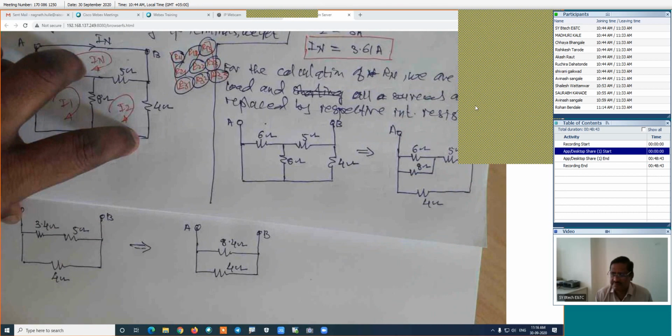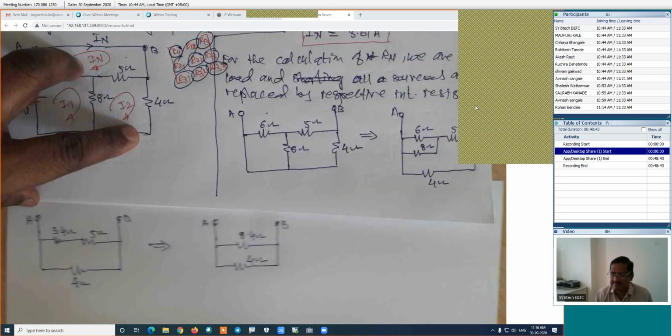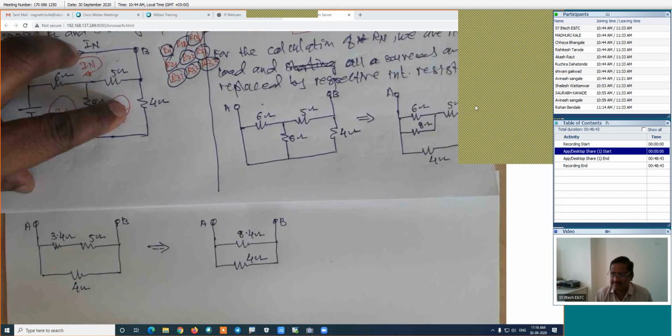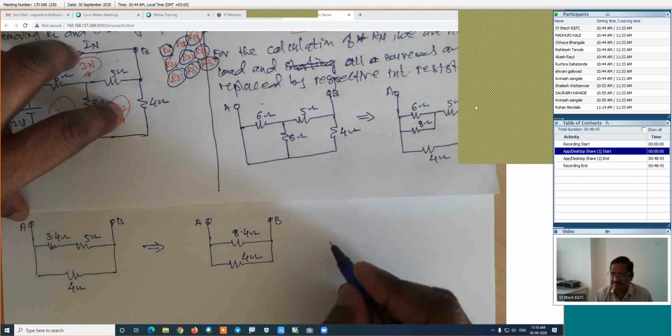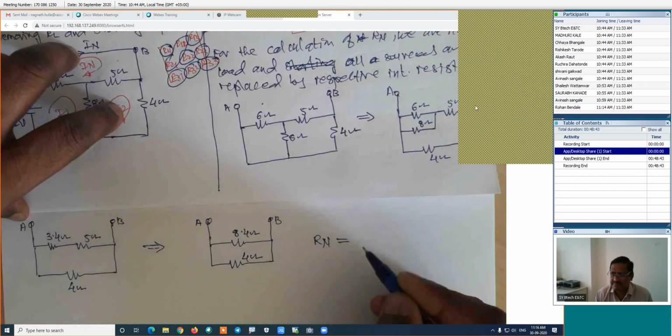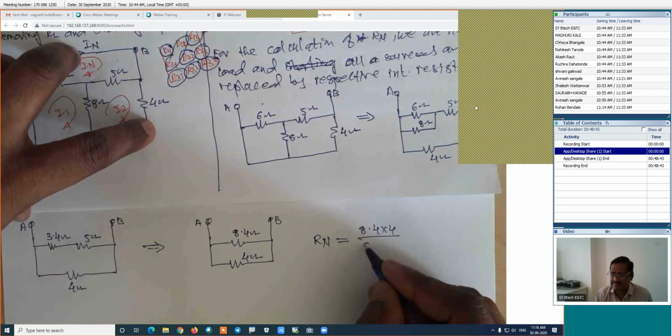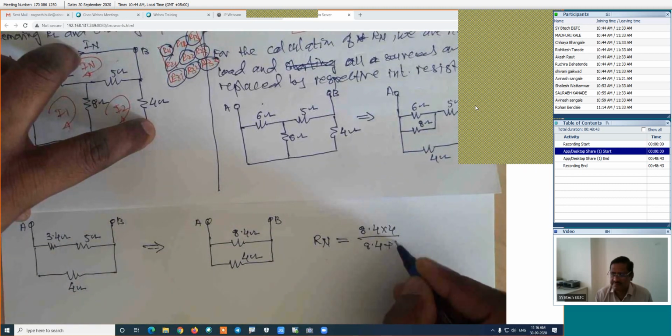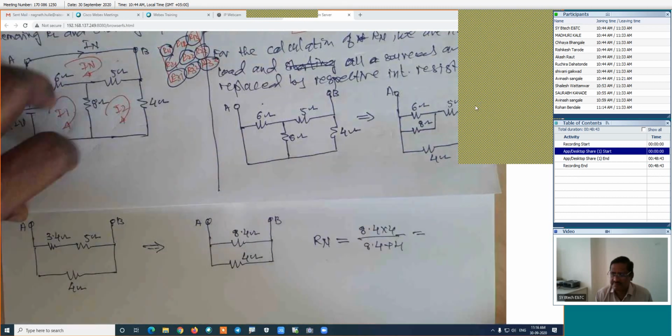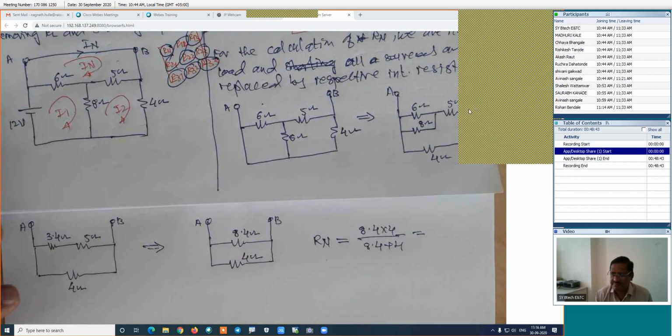And finally, find out its resistance, which is the Norton's resistance, that is Rn, which is equal to 8.4 into 4 divided by 8.4 plus 4. Work out this calculation and find out its value. Anyone? Shivani?